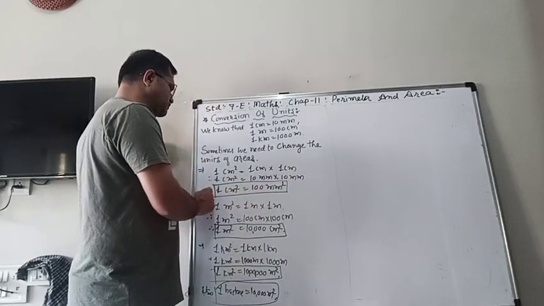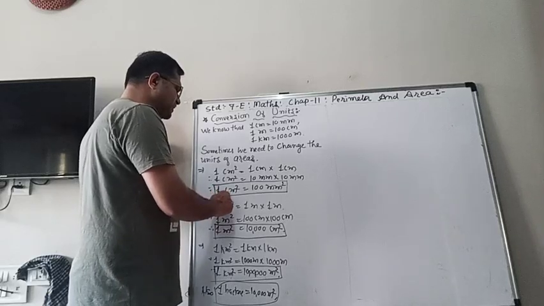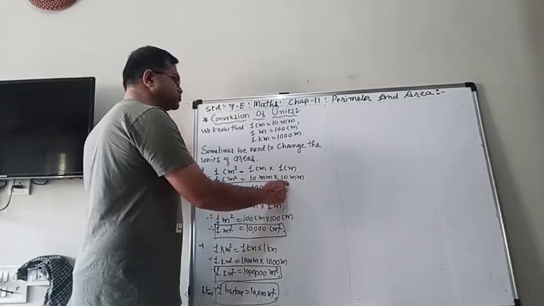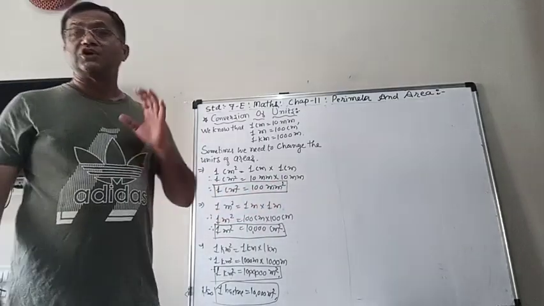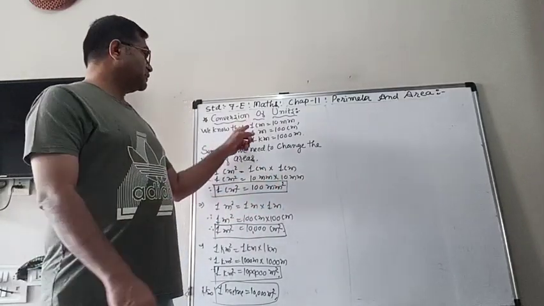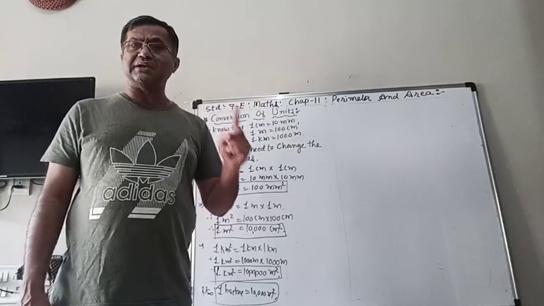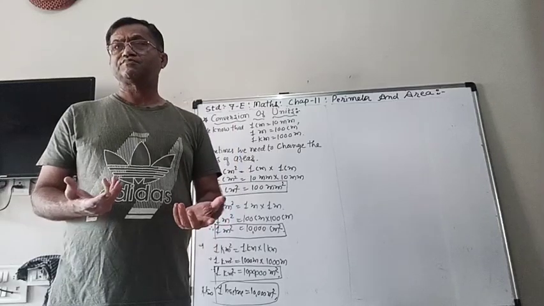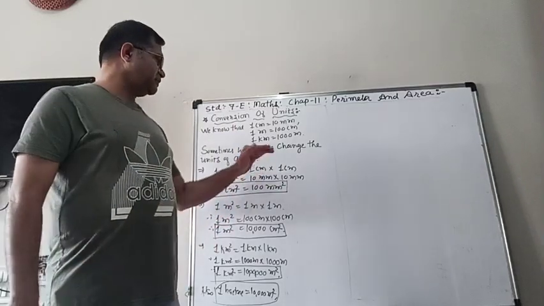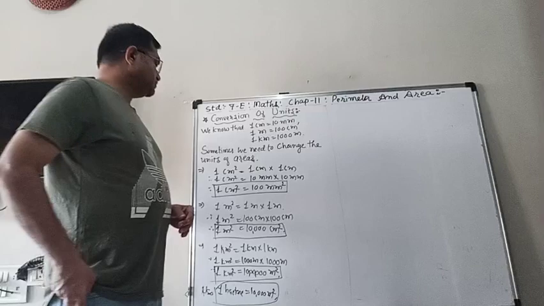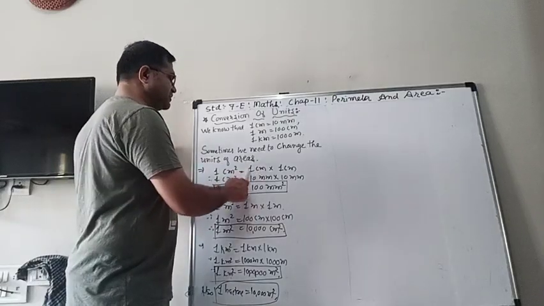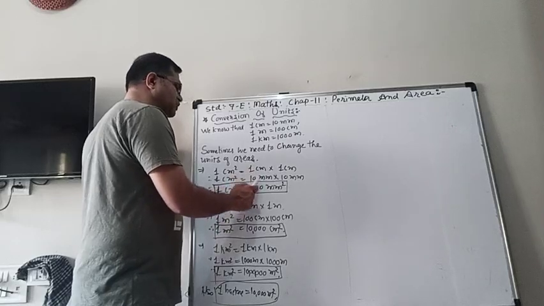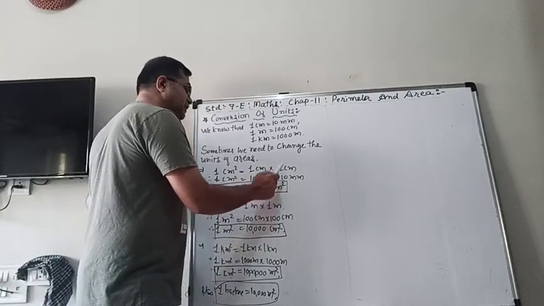So 1 centimeter square is equal to 100 millimeter square.